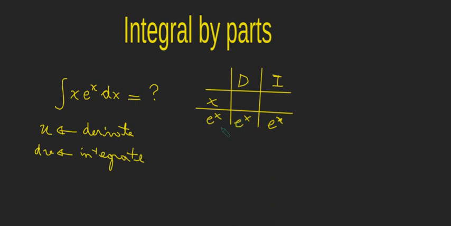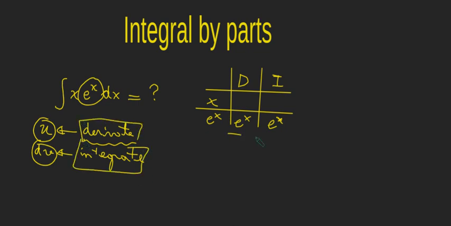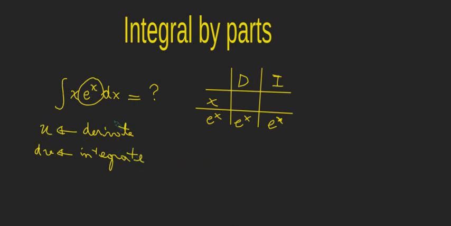So I can use e^x both as u and dv. The complexity of the task will be the same, and the result will not get the expression more complicated.